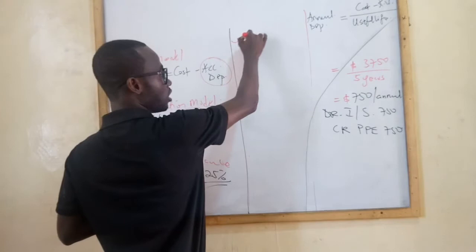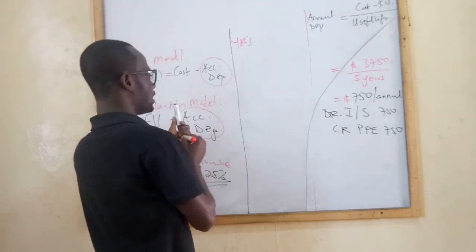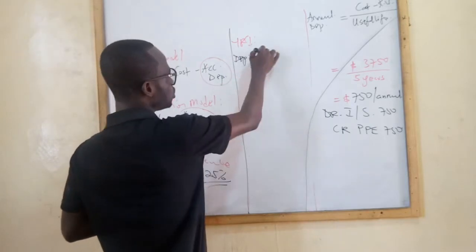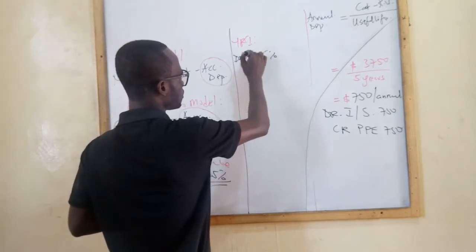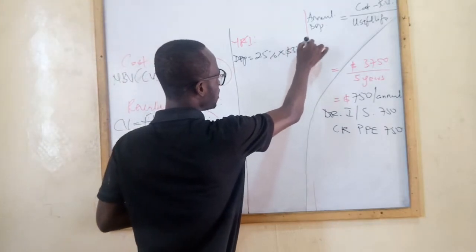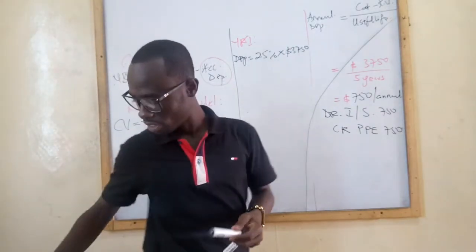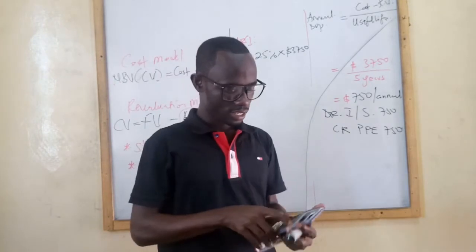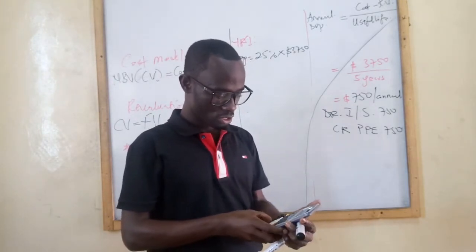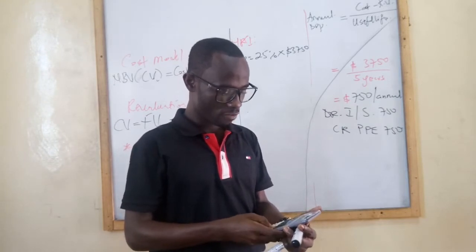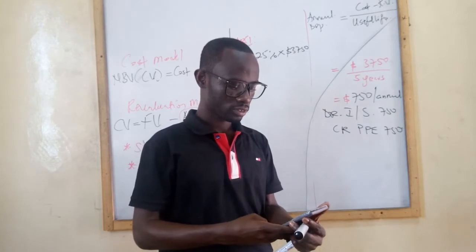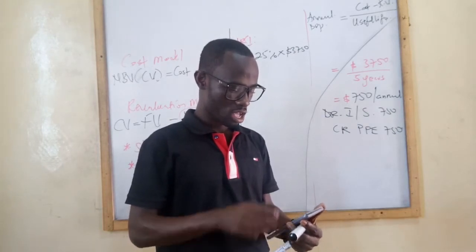In year 1, the depreciation to be charged is going to be 25% of that same figure, 3750. So let me take my Casio, so that my Casio can help me to do that. 0.25 by 3750.